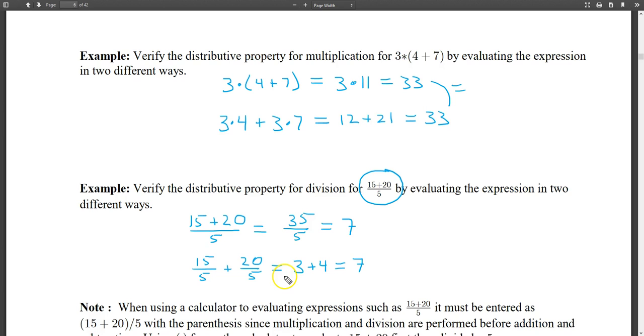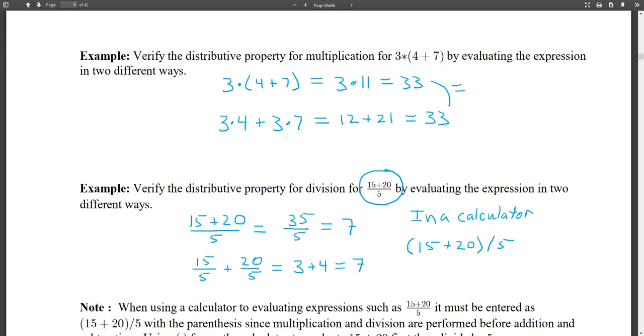Now let's take note of something important here if we were to try to evaluate this on a calculator. If you evaluate this on a calculator, you must put what is in the numerator in parentheses. So you must enter it like this if you type it into a calculator. Let's just try that quickly and see that we get back 7.